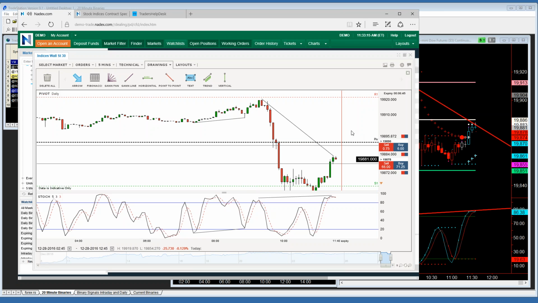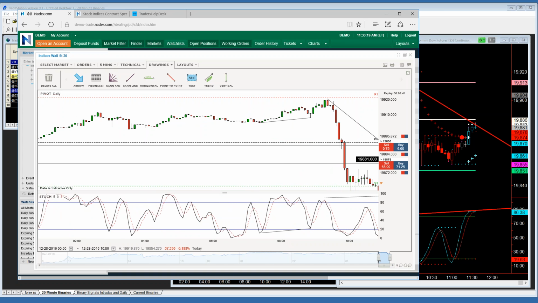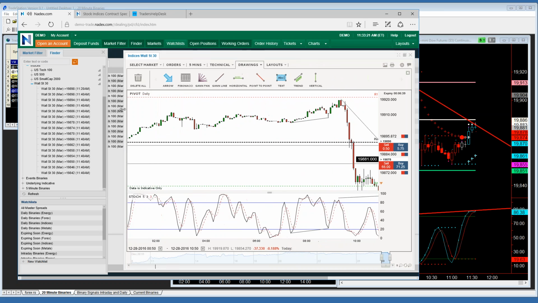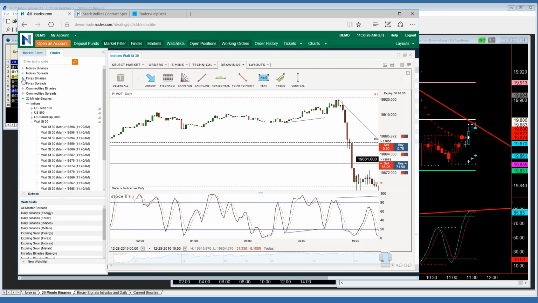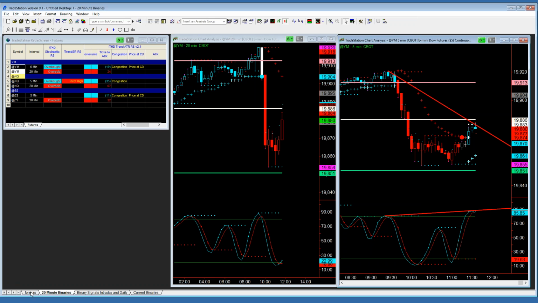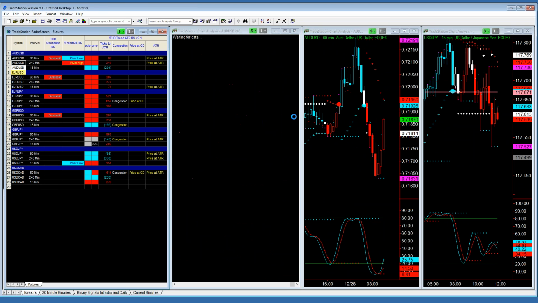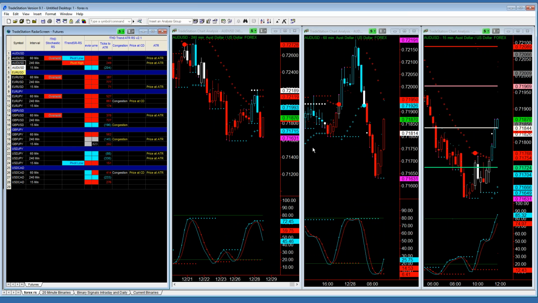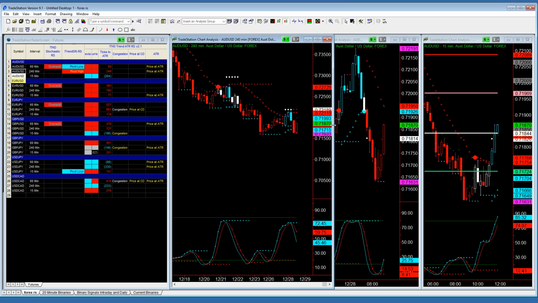And let's see. Let's pull up a forex. Let's see if I have anything that's pivot high on the Aussie. That doesn't have the divergence on it.